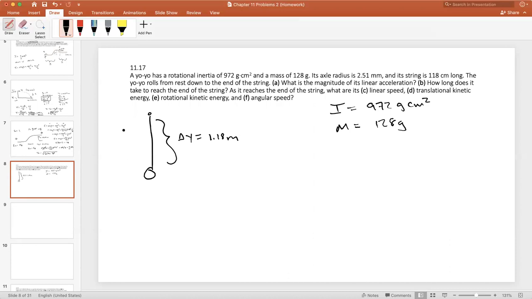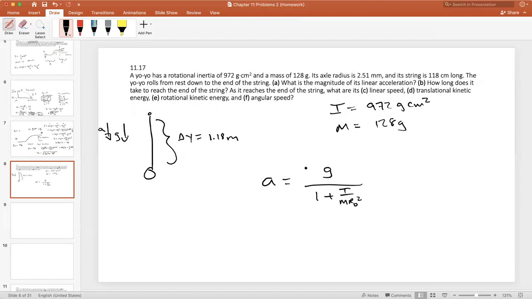I'm also going to assume that G is down, and I'm going to assume my A is down. So remember that we had this equation for a yo-yo, that A was G over 1 plus I over M R naught squared. That's straight up from your book.